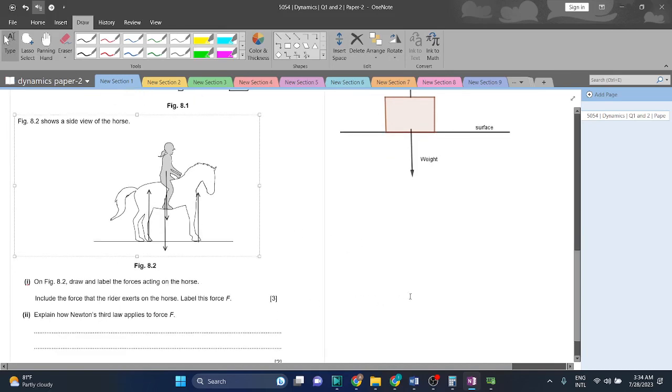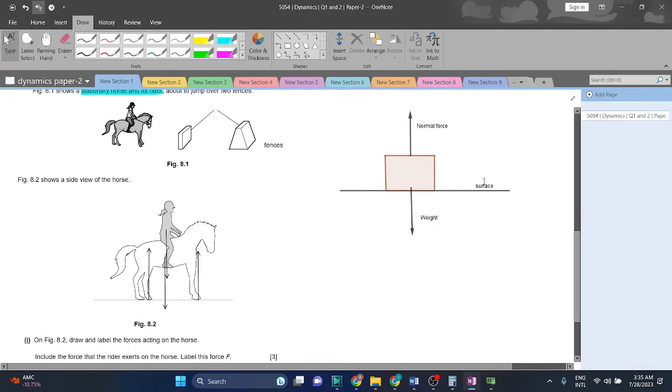Again, this is a normal force. If a block is on a surface, this will be the normal force opposing the weight. Because of Newton's third law, every action must have an equal and opposite reaction, and they must be the same magnitude.